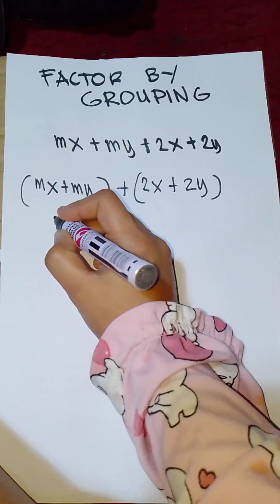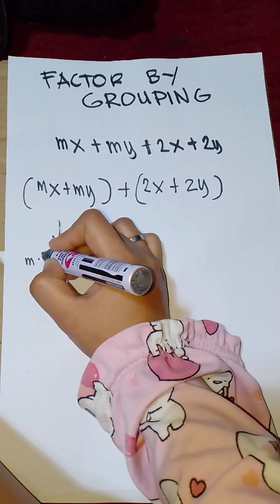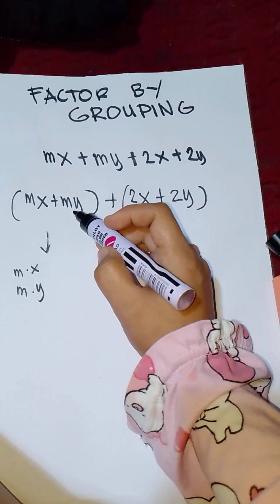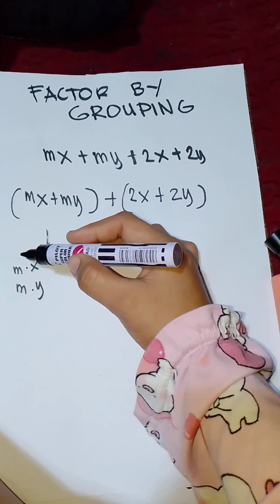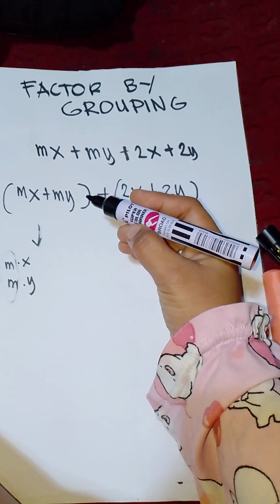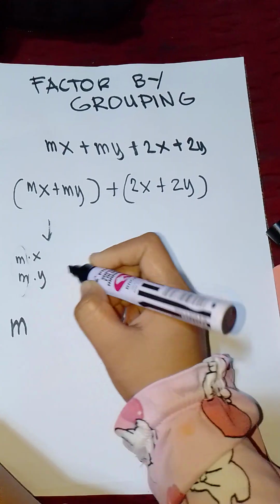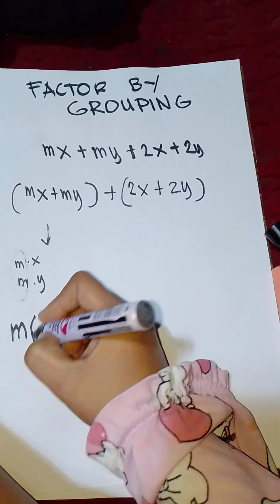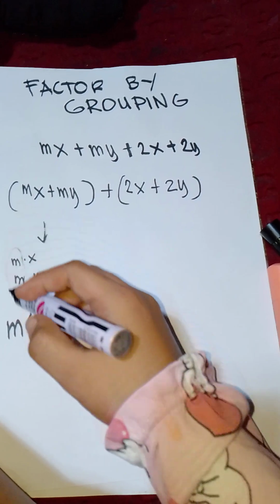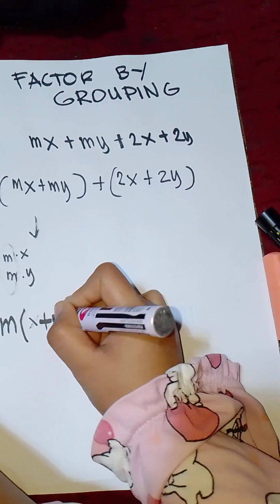We have m multiplied to x and m multiplied to y. So the common factor is m. So bring out m, and then we divide mx by m, then my by m. So the answer is x plus y.